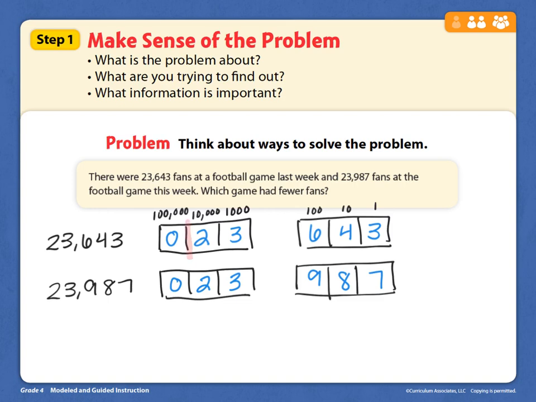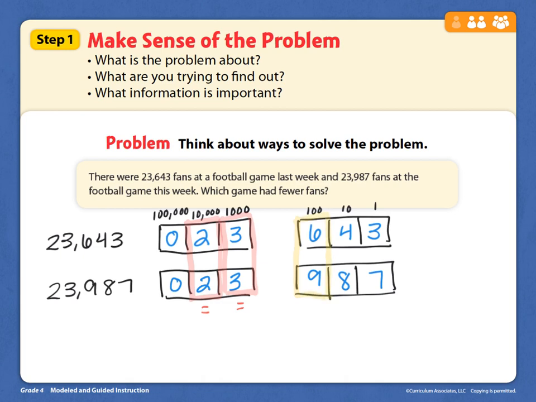The 10,000s is the greatest place value I have, but those are equal, and that's not going to help me. So I can move on to the thousands. Those are also equal, so that's not going to help me either. But when I get to the hundreds, they are different.